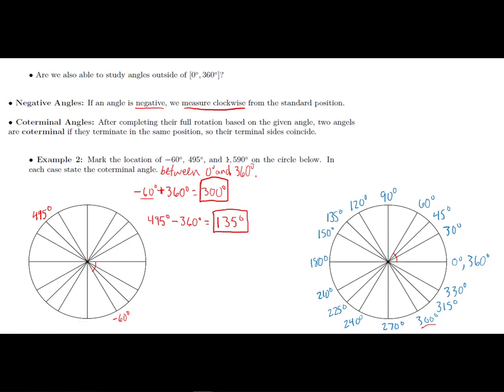All right, let's take this last one here, 1,590 degrees. So taking this idea from the previous two, I know I can add 360 degrees or subtract 360 degrees and end up in the same place on the circle. But in this case, I have a feeling that if I subtract 360 from 1,590, I'm not going to quite get something that's between 0 and 360.